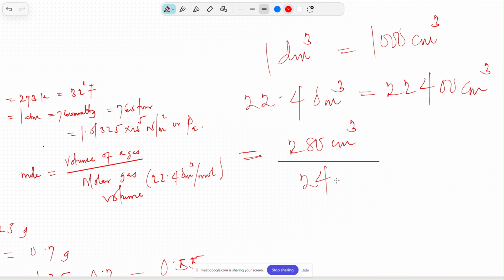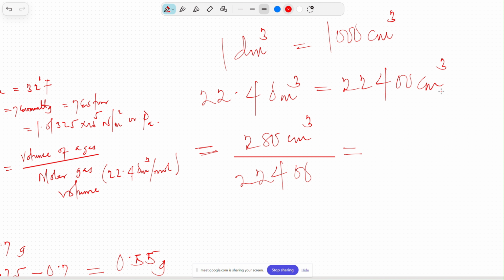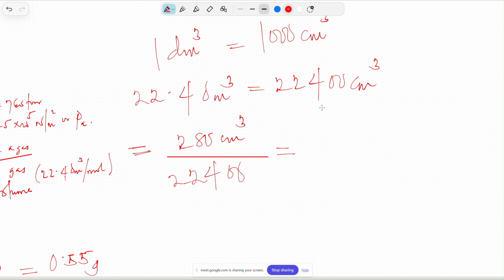So this is 280 divided by 22400. Someone calculate this for me, please. And that will be centimeter cube per mole. At times when you are working with units, it gives you an insight of what your final unit will be.